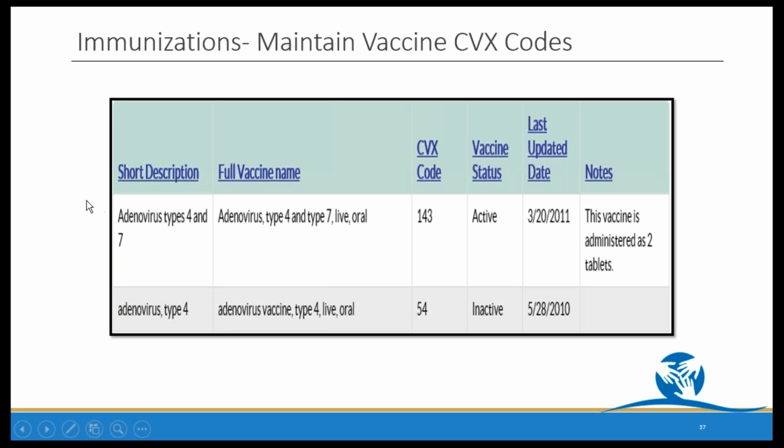So if you had adenovirus on your schedule already, and it's no longer CVX code 54, you would just go into your setup, into the actual vaccine itself, look this adenovirus up, and change the code from 54 to 143. Then it will report properly.